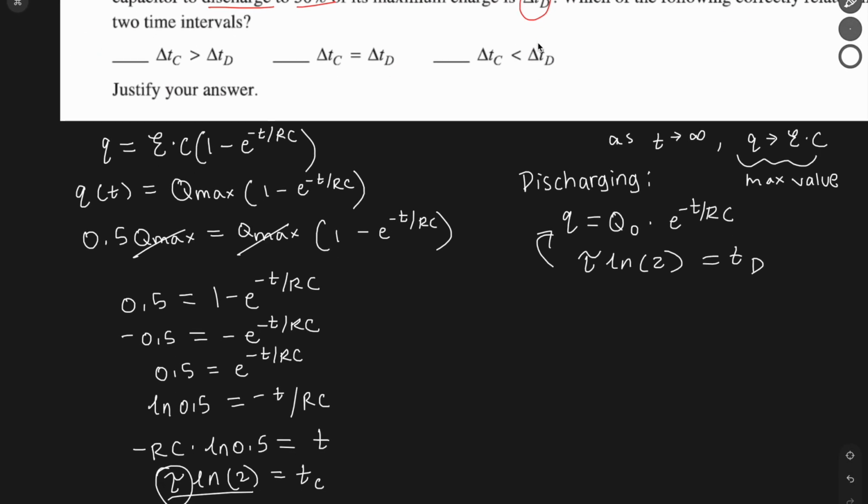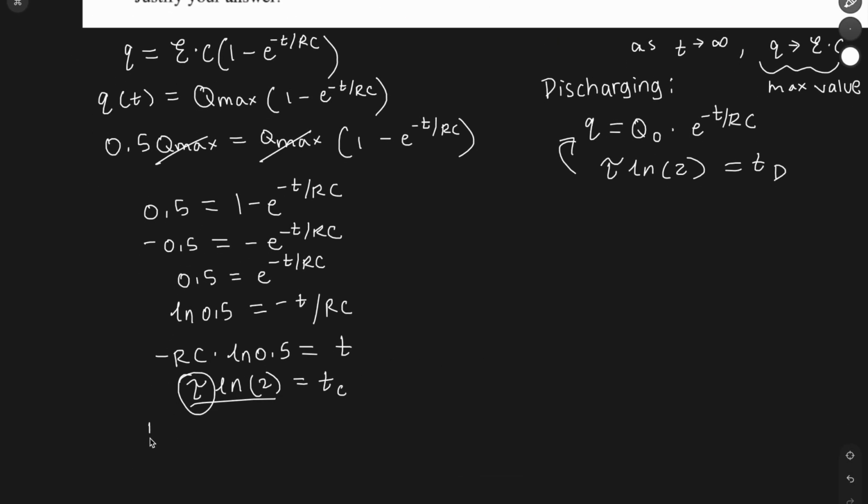So T sub C, let's write this out now. T sub C is going to be equal to R, which is 150 ohms, which is R1, times ln of 2, times the capacitance, and don't forget to multiply by 10 to the negative 6 because we are given our value in microfarads.